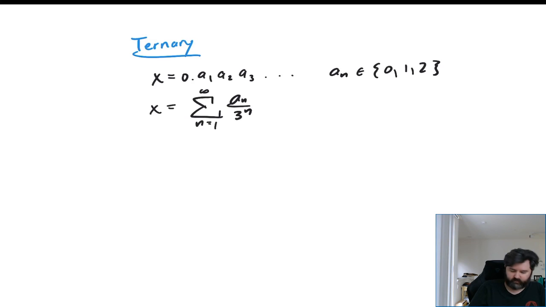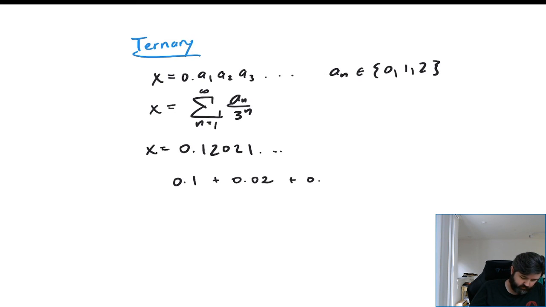So in a ternary expansion, if x was equal to, say, 0.12021, this would be, again, 0.1 plus 0.02 plus 0.000 plus, no, sorry, that 0 there threw me off, plus 2, and so on.